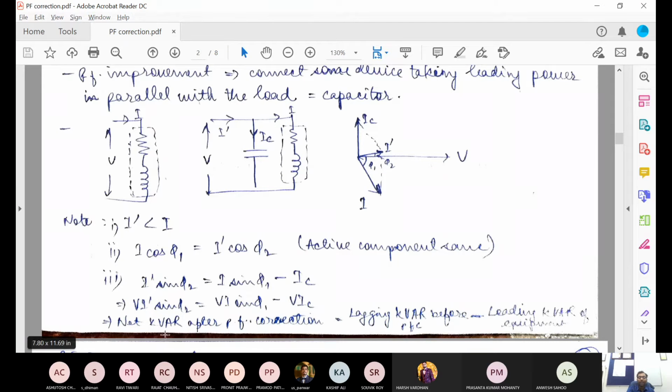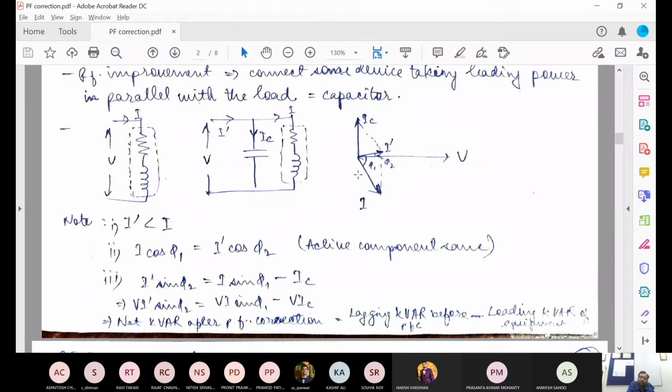So you can say that the net kVAR after power factor correction, what is the net reactive power demand after you have done the power factor correction, is nothing but your lagging kVAR before power factor correction minus the leading kVAR of the equipment. kVAR is the unit for reactive power.